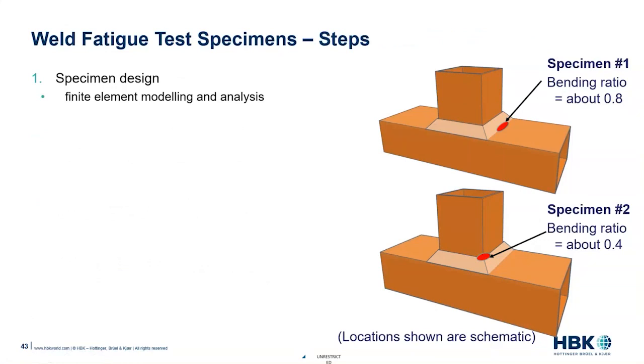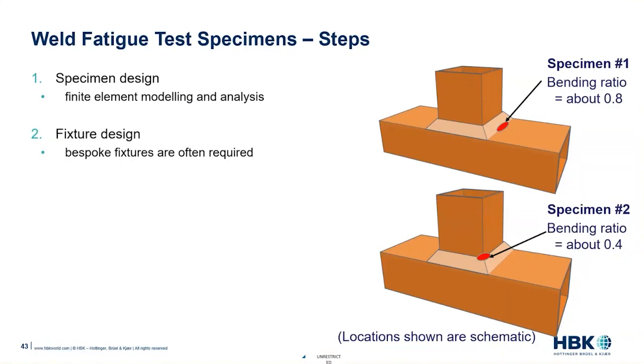In summary, the basic steps that we have to go through: we have to design a specimen, which includes finite element modeling and analysis of the specimen to make sure that the particular failure modes are in the right location, and there's a distinction between their bending ratios.